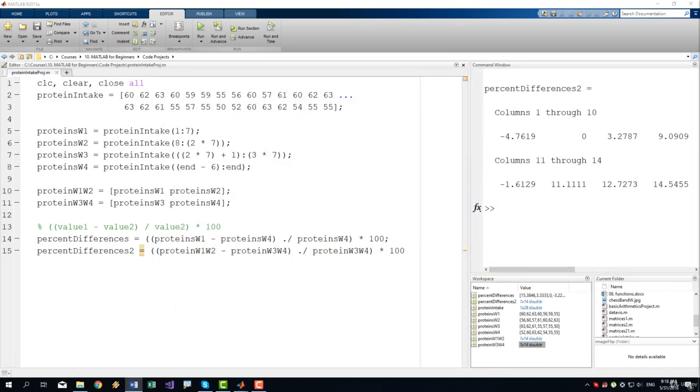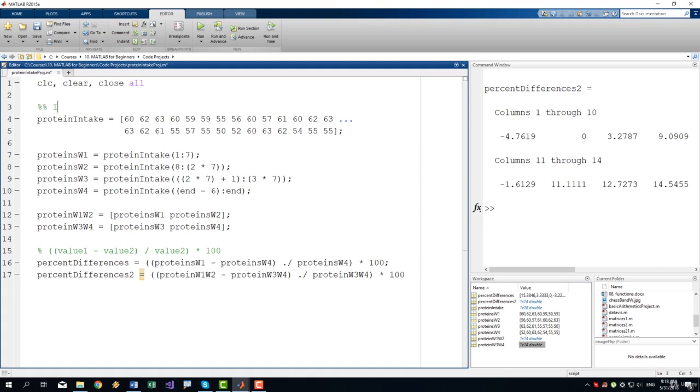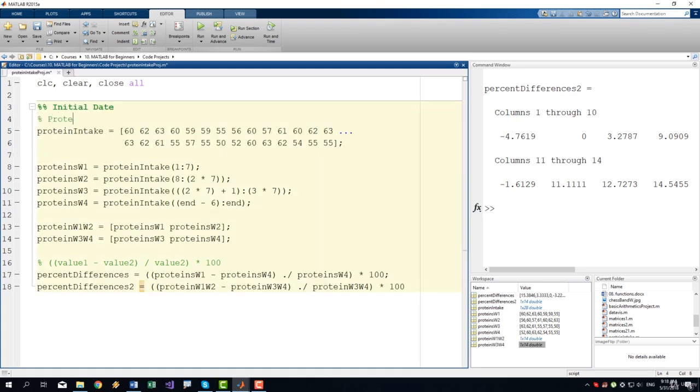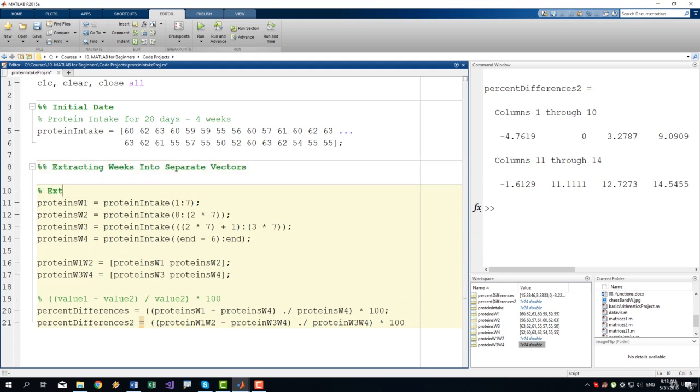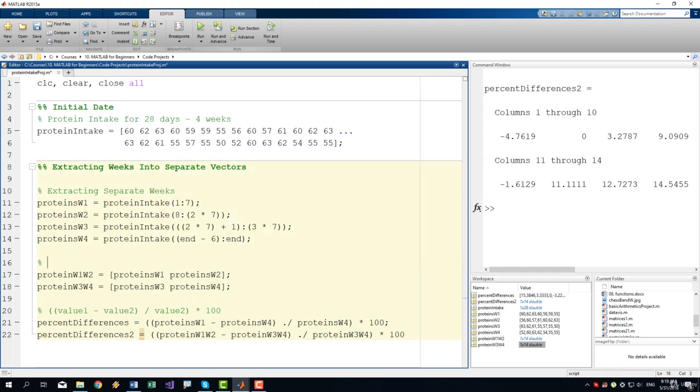Now, let's document our code really quickly. So here we have initial data, protein intake for 28 days, 4 weeks. Now here we are extracting data, so extracting weeks into separate vectors. Here we are extracting separate weeks. Here we are combining weeks.